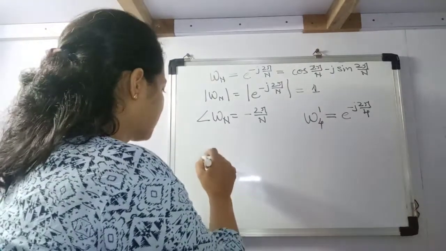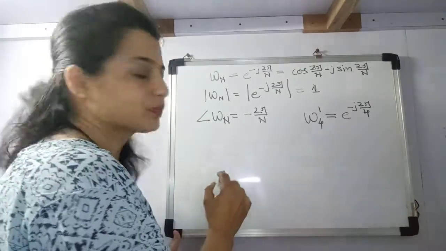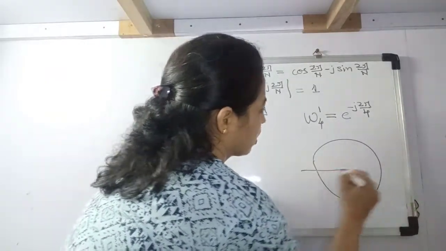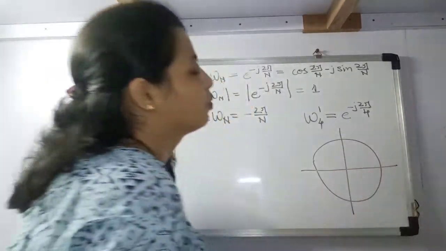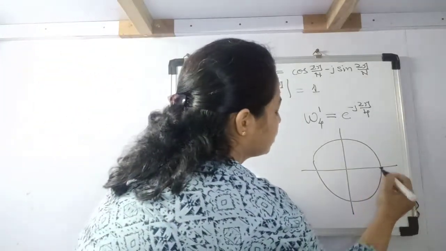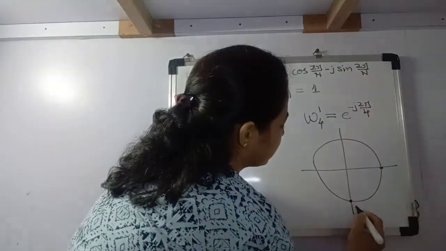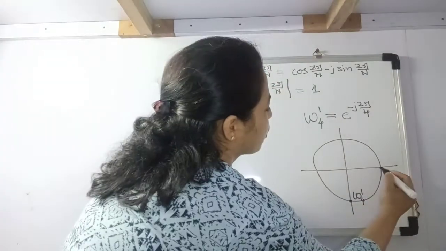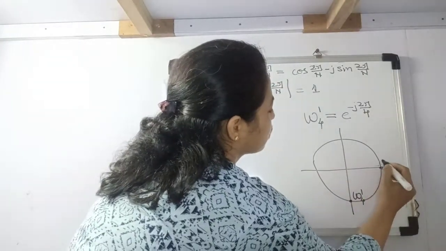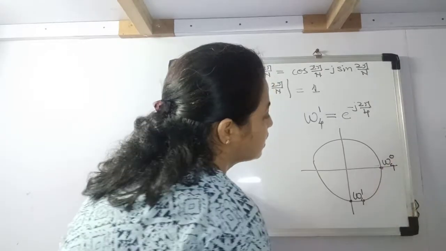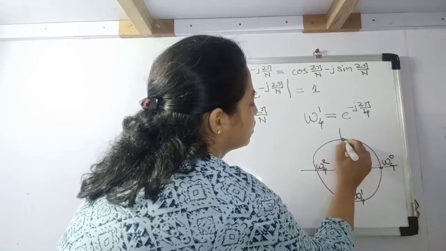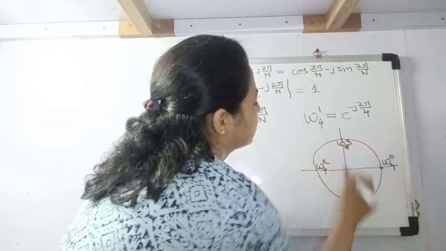I'll draw a circle here. So for the 4-point DFT, this point is located here: omega 4 1. This point at 0 angle is omega 4 0. This point is omega 4 2. This point is omega 4 3.